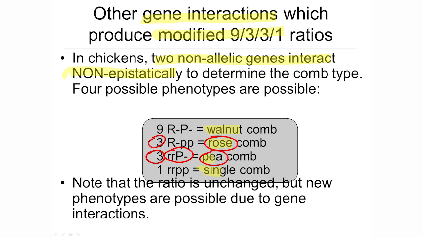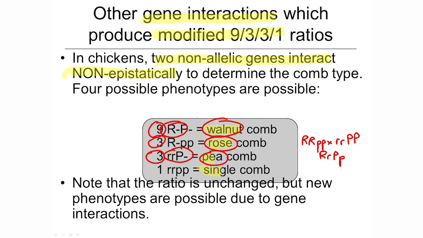But check it out, just as an example. If you crossed a true-breeding rose comb with a true-breeding pea comb, wouldn't all of your F1 be like this? And guess what? That's having a big R and a big P. That's the 9, and that gives you a so-called walnut comb.